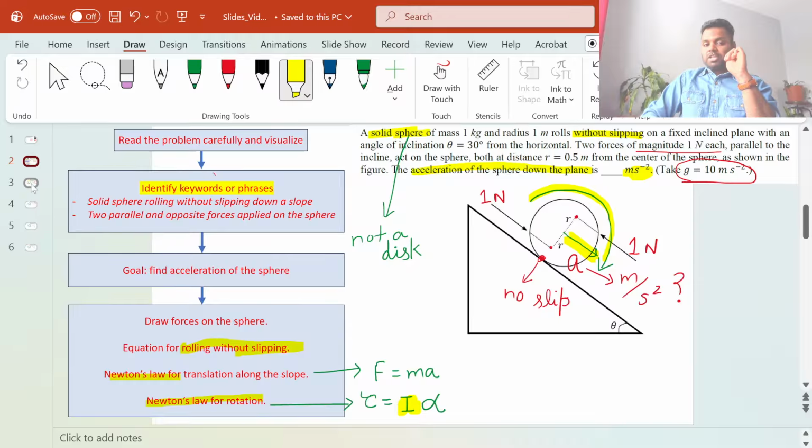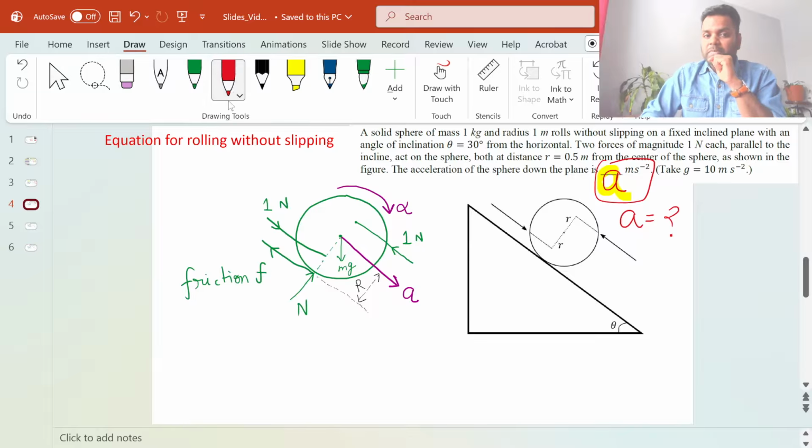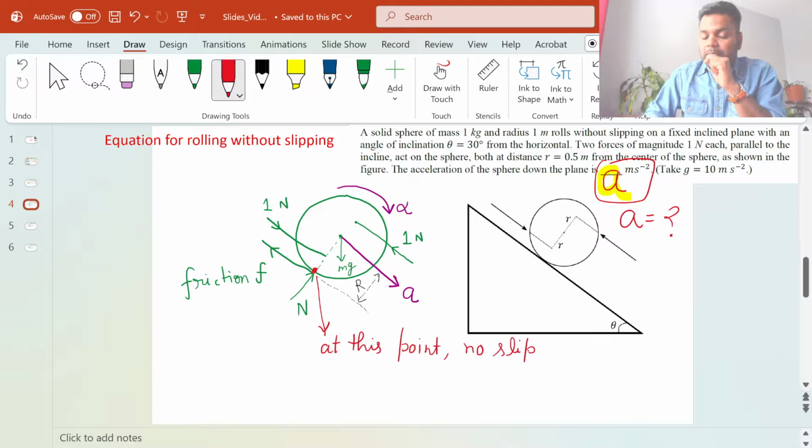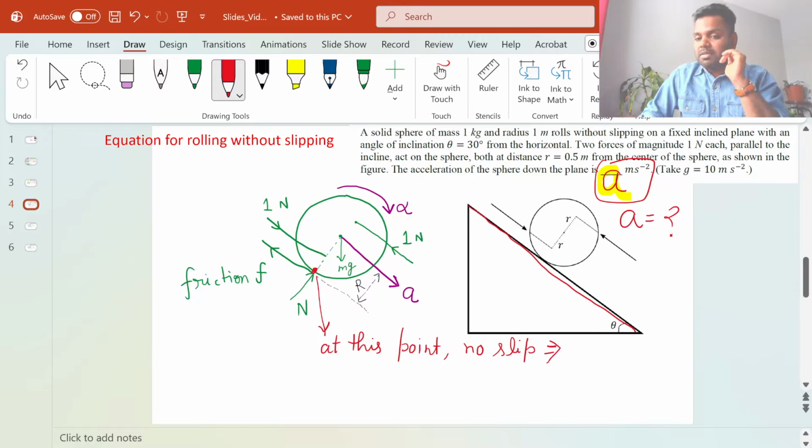So let us start with rolling without slipping. At this point, we will know there is no slip. And because this slope here is not moving, it is ground at rest, that means at this point the velocity is 0.